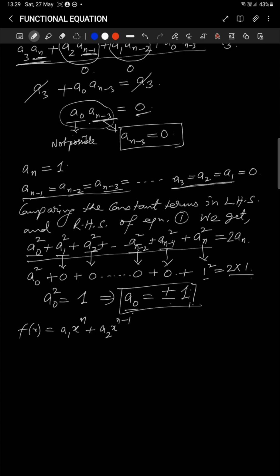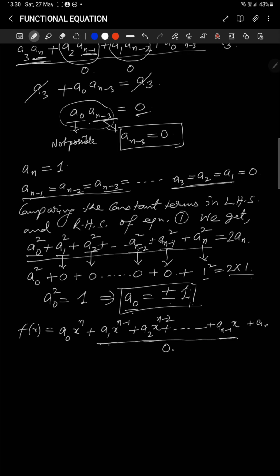We have to start from a0, sorry. f(x) equals a0 x to the power n plus a1 x to the power n minus 1 plus a2 x to the power n minus 2 plus dot dot dot, and ultimately we had a n, and prior to that a n minus 1 x and so on. All these terms, a1, a2 up to a n minus 1, were 0, so all these terms will become 0, and a0 we have just now calculated as plus minus 1.